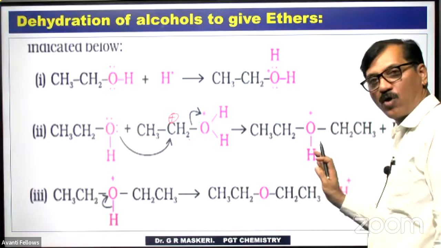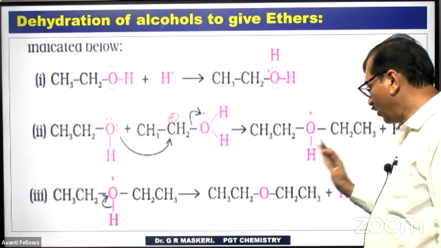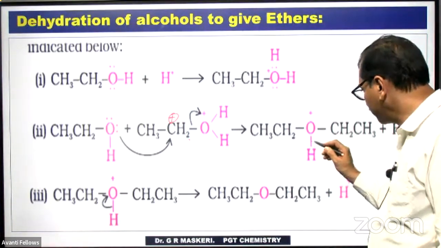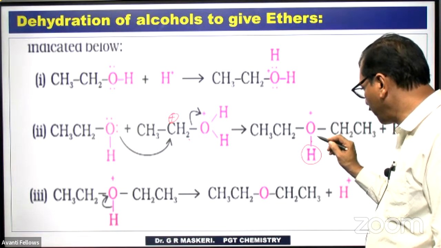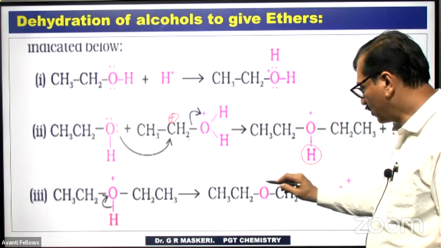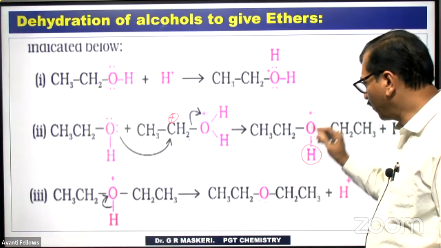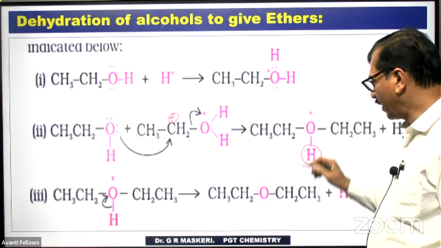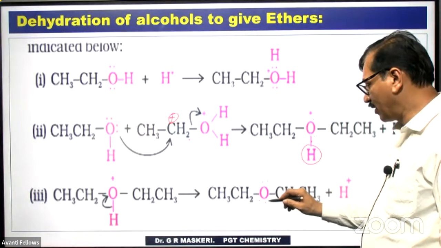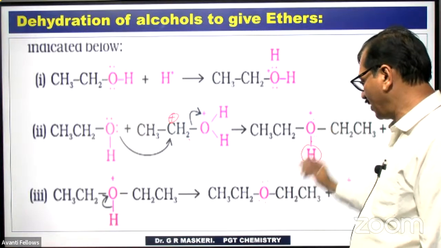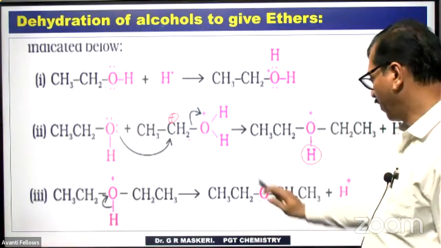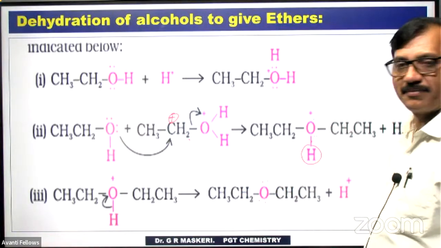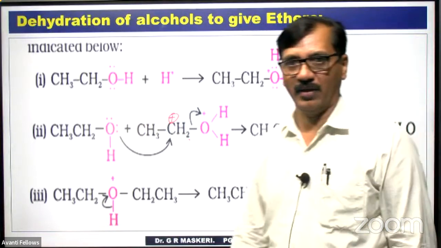Oxygen is having 3 bonds, right? Now, the third step is removal of this particular proton, and this bond pair will become a lone pair. Already one pair is there, and another lone pair also results, giving oxygen in this way, and this is an ether.